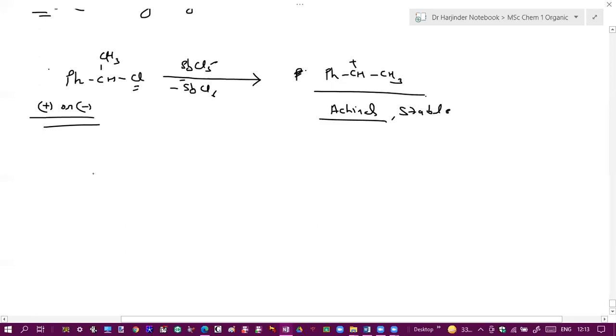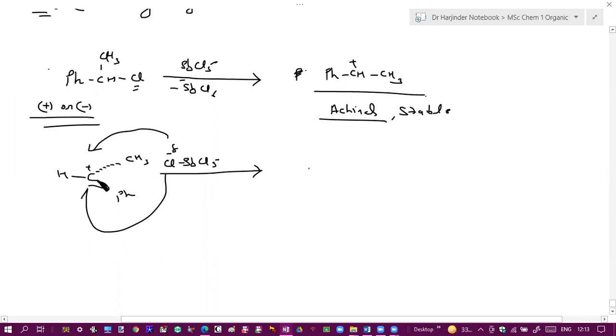And then your chloride acts as a nucleophile, and it can attack from both sides, either from above or from below, giving rise to two possible products.